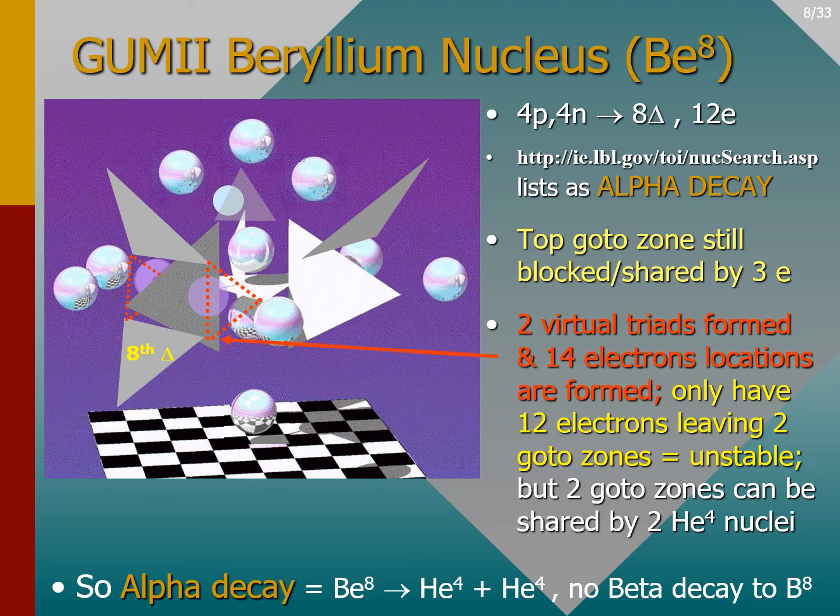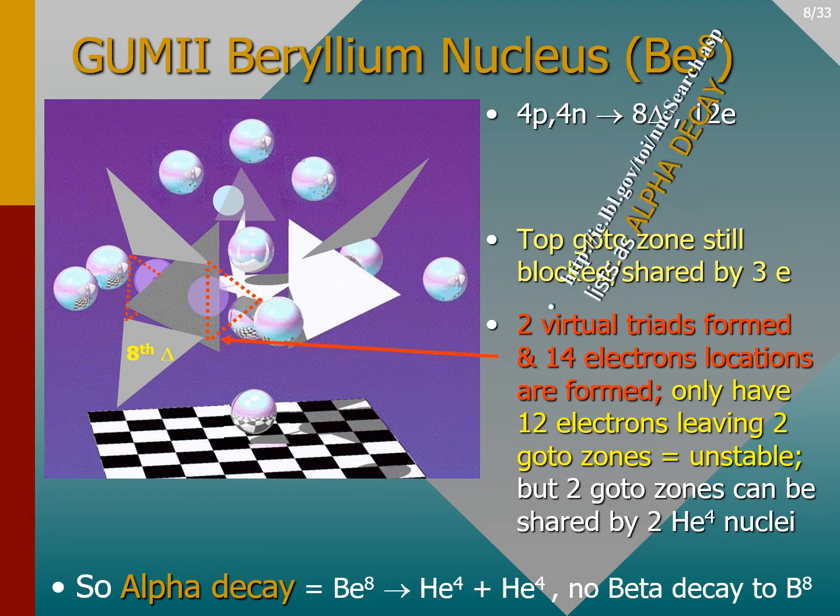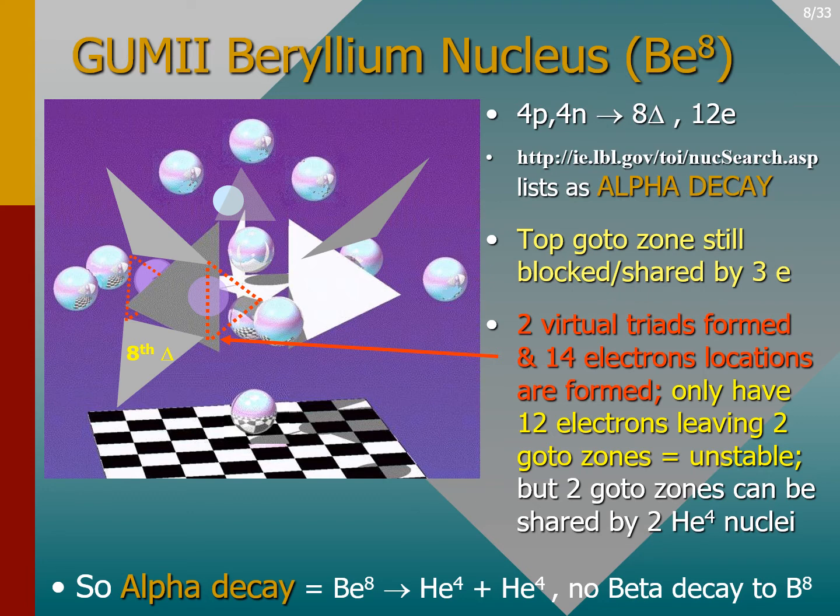Beryllium-8 is another unusual lab isotope that doesn't undergo straightforward beta decay. It is a light atom that actually undergoes alpha decay. Recall that spontaneous natural alpha decay only occurs in atoms with more than 143 triangles. The reason alpha decay occurs is that 2 new virtual quark triads are created, giving us locations for 14 electrons.